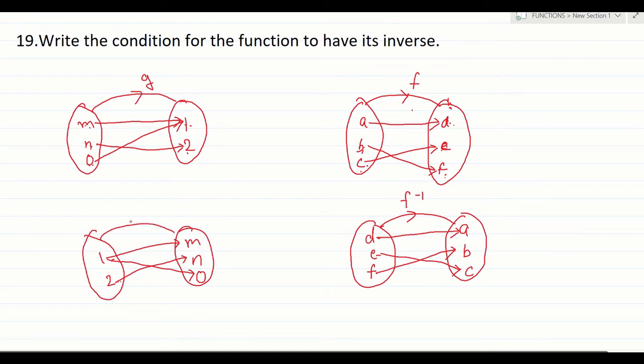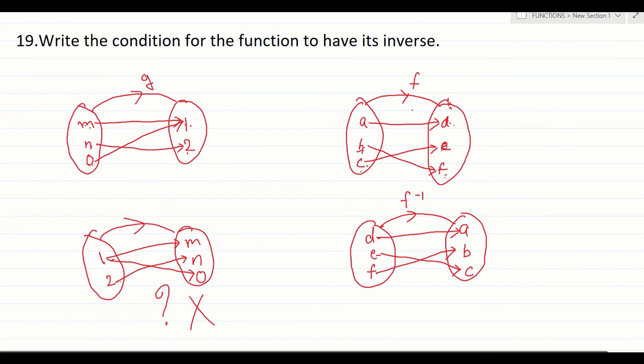But is this relation a function? Just think, is this relation a function? No, this relation is not a function, because according to the definition of function, every element of the first set must have a unique relation with the elements of the second set.